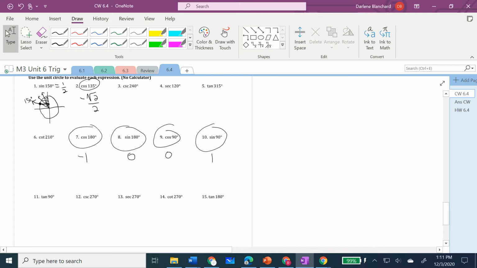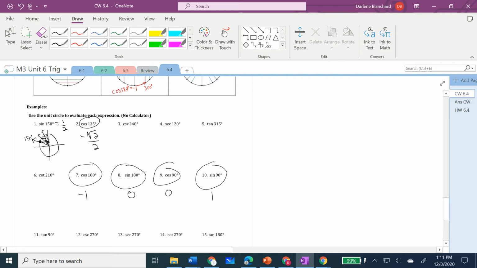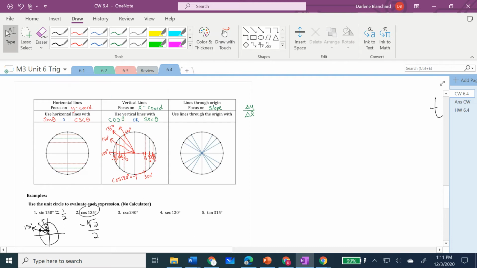So if you know how to do the unit circle for sine and cosine, then you are ready for the other 4. Because all you need to remember is, what are they in terms of sine and cosine? So if I asked you what is secant in terms of sine and cosine, what would you tell me?